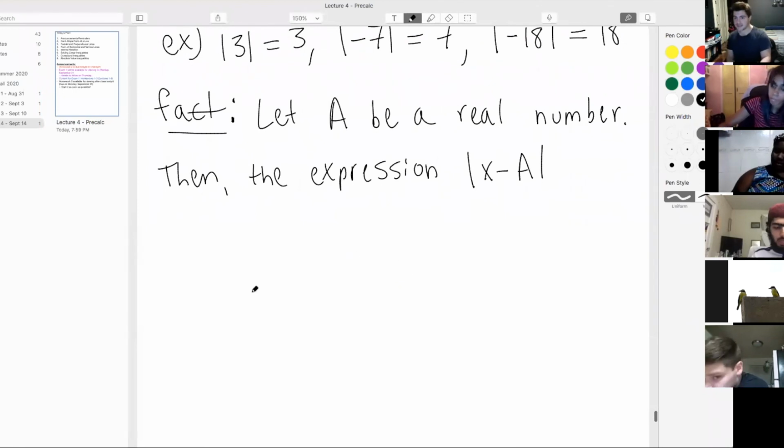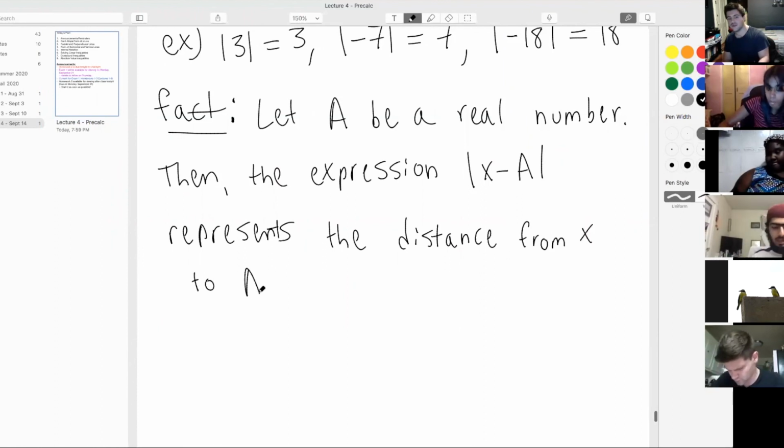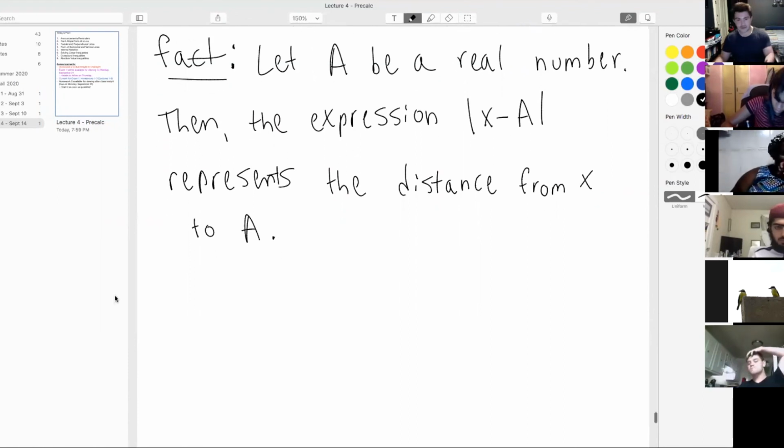This actually has a nice interpretation. It represents the distance from x to this number capital A. Okay, so we can actually quickly measure how far two numbers are from each other just by considering the absolute value of their difference. Okay, so this is kind of cool.